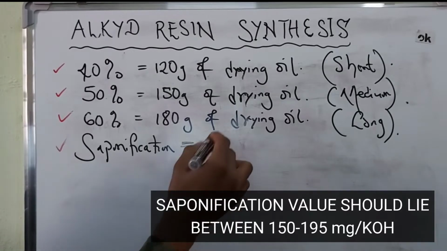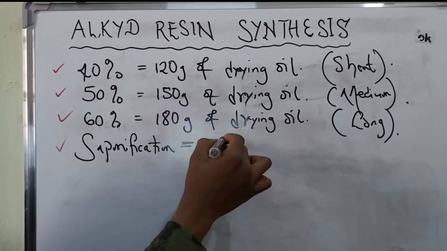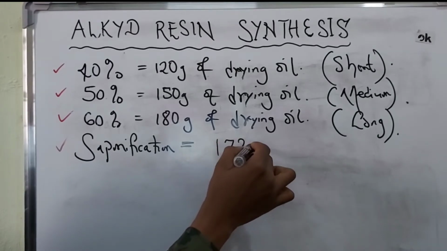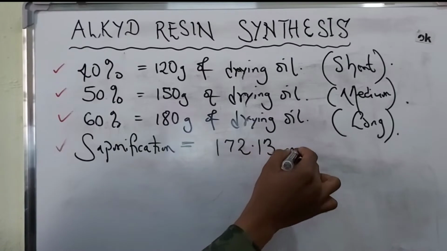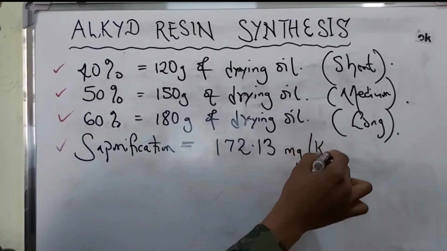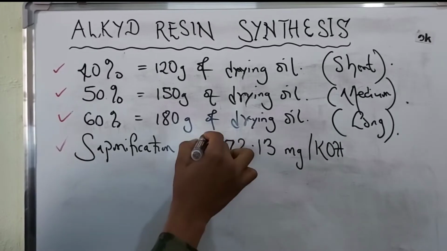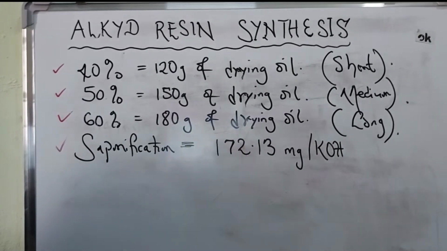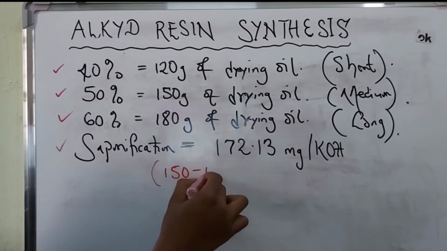My drying oil, sesame seed, has a saponification value of 172.13 milligram potassium hydroxide. This value actually lies in the region of the drying oil. The drying oils are what we are after, and should have saponification values between 150 to 195.